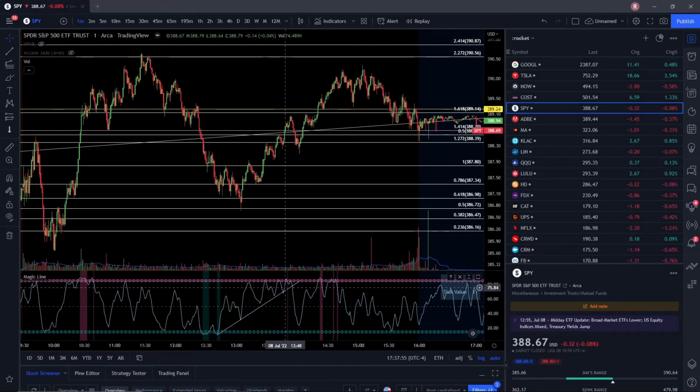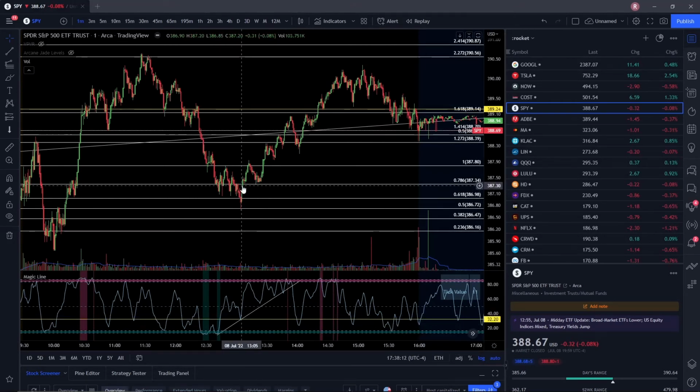However, it's hinting at something, right? Look at what happens to the players that get out here. Oh wait, the oscillator just dumped, but price didn't dump. Price held. That's interesting. So I wonder if bears just got forced to stop out and cover.